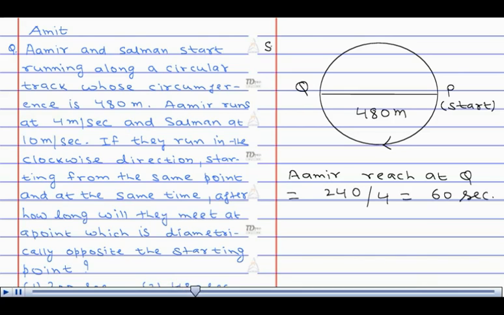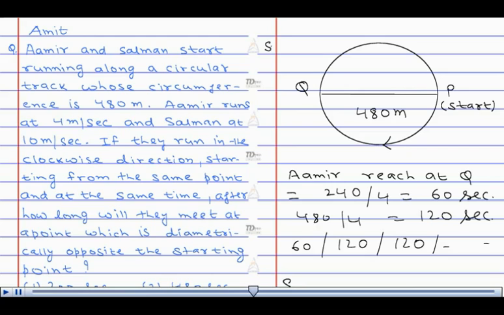Now Amir will reach Q after every 480 by 4, that is 120 seconds. Hence first time he reaches Q after 60 seconds, then after 120 seconds, then after 120 seconds, and so on.